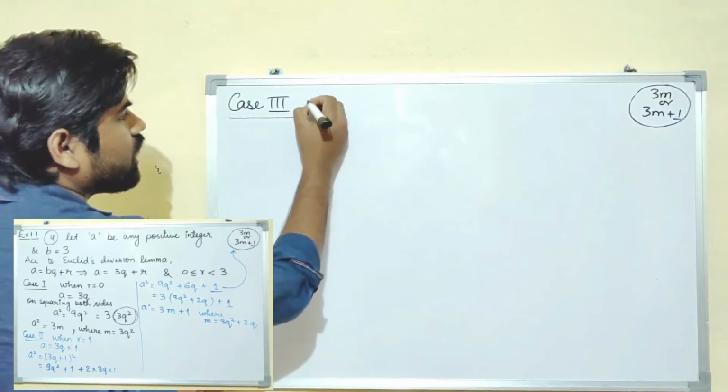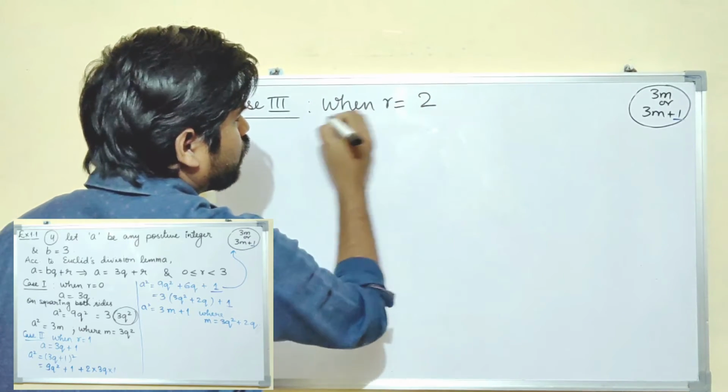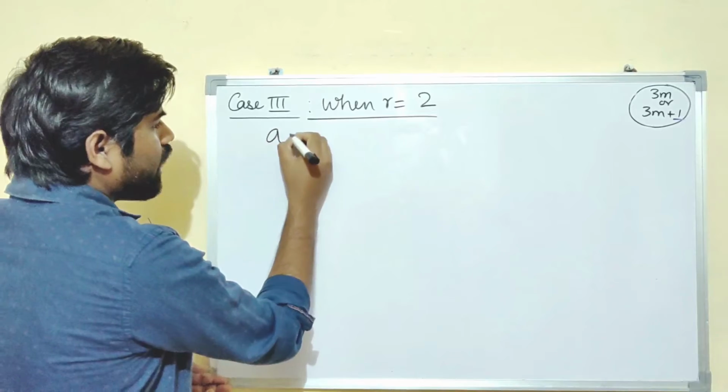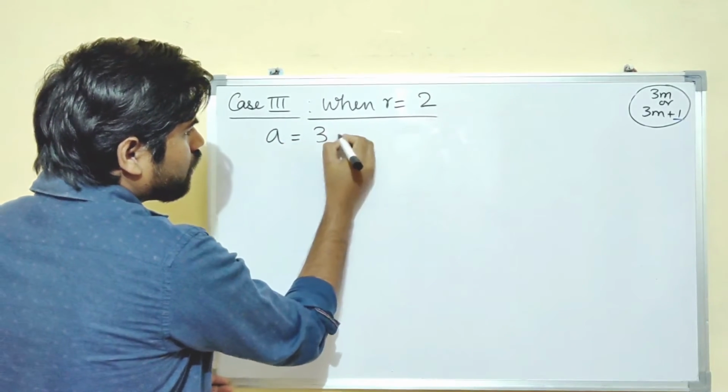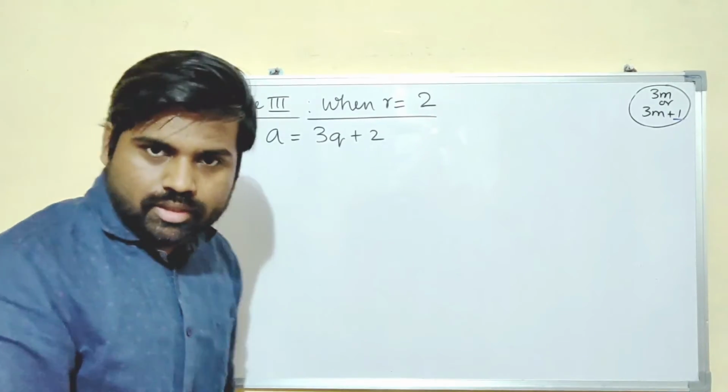Now the case 3 is when r equals to 2, right? Your number will be a equals to 3q plus 2. Now what we have to do? We have to square it, right?